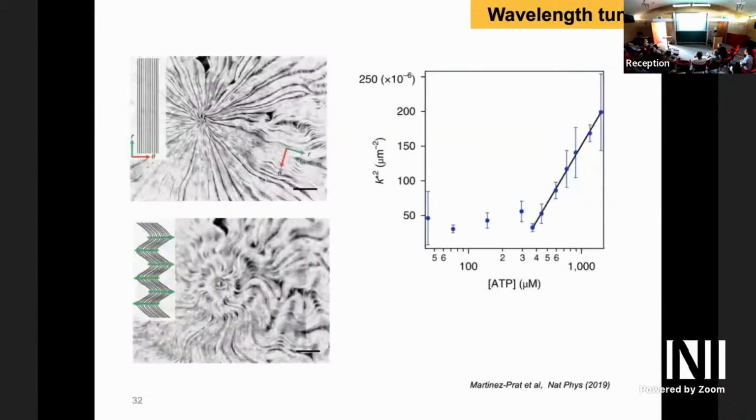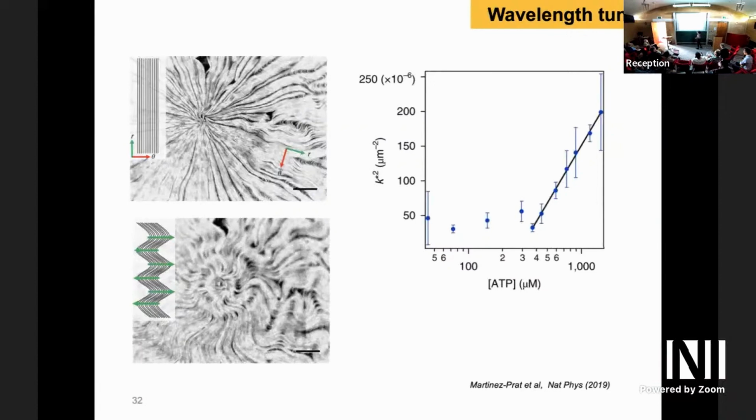Also, because if you look at other active nematic systems that were analyzed in recent years, this one is from the group of Sagues.